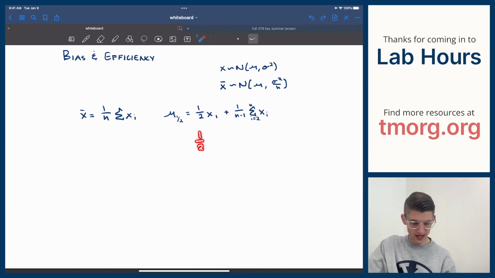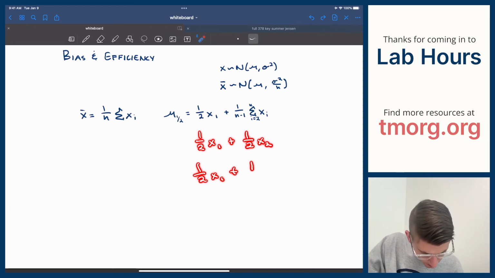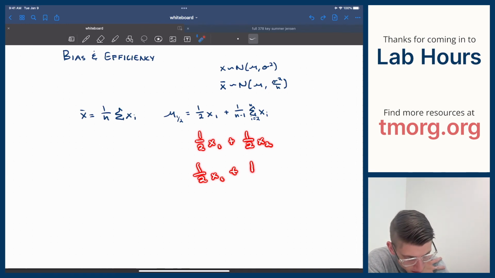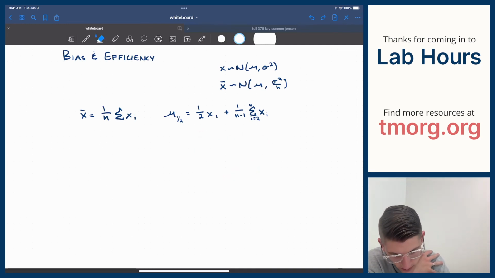So this could be 1/2 x1 plus 1/2 x2, or it could be 1/2 x1 plus... if n were 3, that would be... Oh, that's actually wrong. Wait. N is 2. So this would actually need to be like 1 over n minus 2?